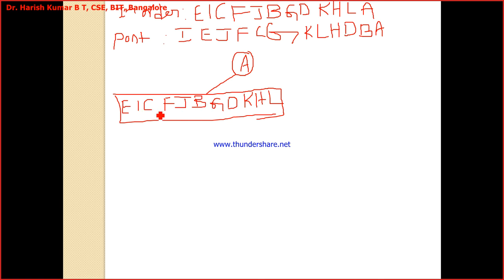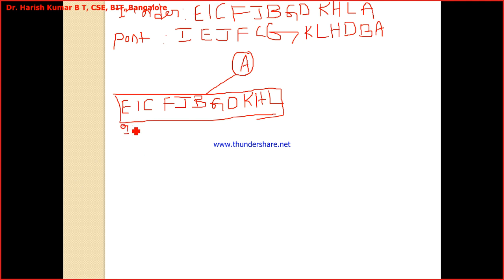Now I have to write these characters in this sequence. When I write, the last one which I am again getting is B. That means the left child of A will be B. Let me write in this order, just below I'll write it.